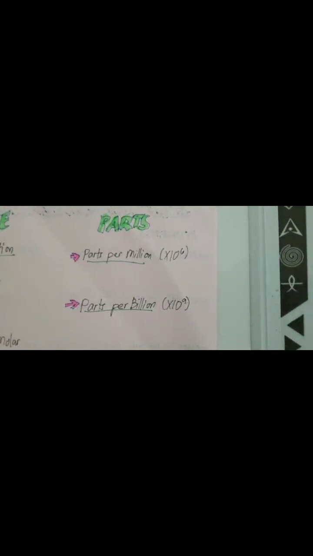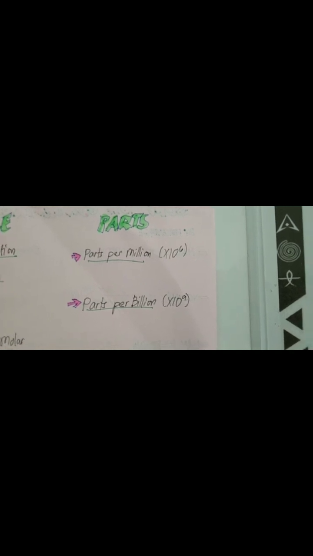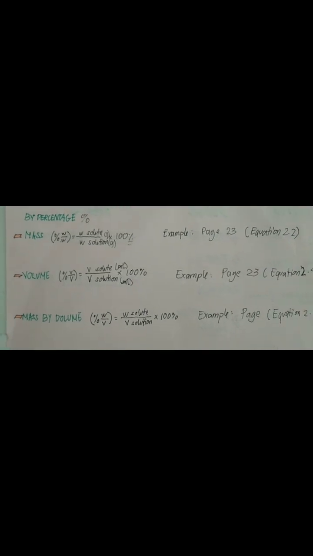For the mole, we have mole fraction, molarity, and diluting molar solution. And for the parts, we have only two, parts per million and parts per billion. Let's proceed first with the percent.